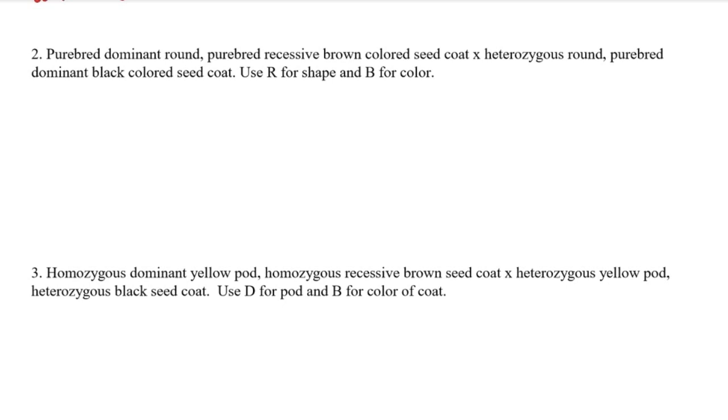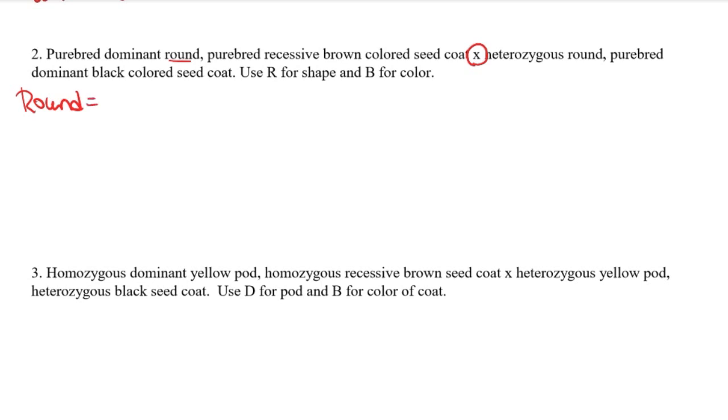For number 2, purebred dominant round, purebred recessive brown seed coat, crossed, heterozygous round, purebred dominant black colored seed coat. I've got shape and I've got color, and it tells me to use R and B. So for my shape, I've got round, and it doesn't tell me what the other shape is. So I can do one of two things. Usually, for my shape, round, usually it's wrinkled.